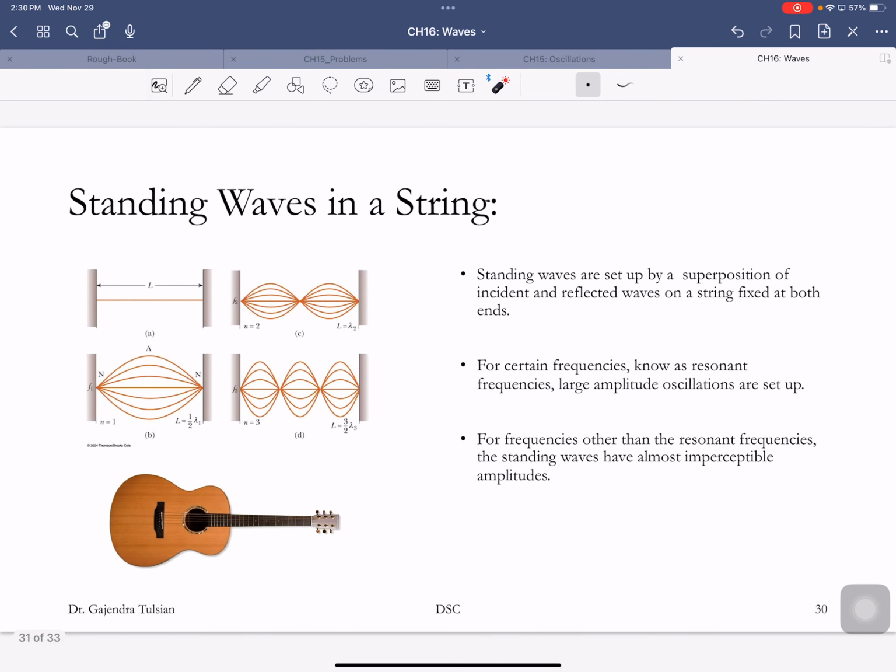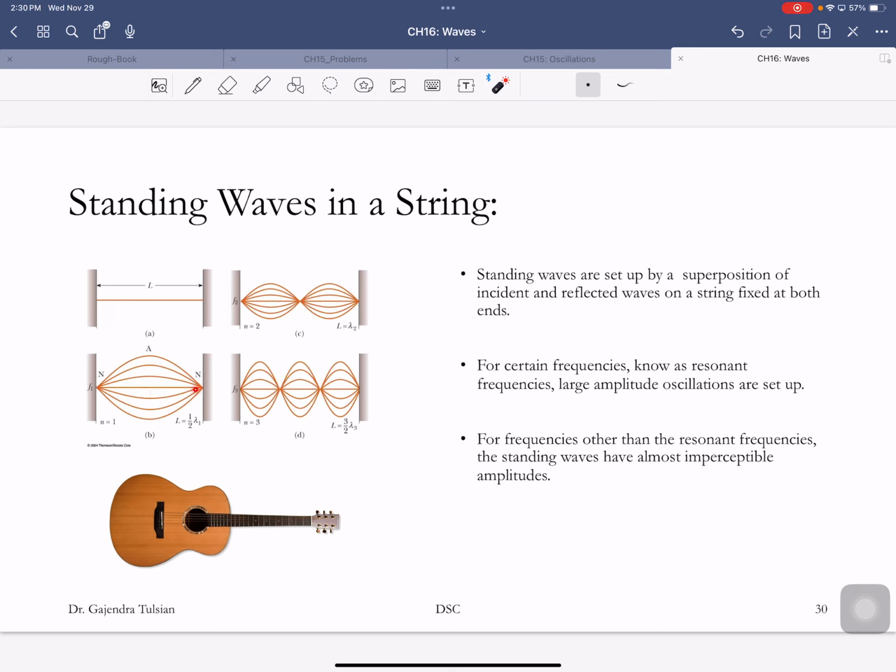All right. So in musical instruments, every object has a natural frequency of oscillation. So here's a string of this length. The frequencies it likes to oscillate at is the following.